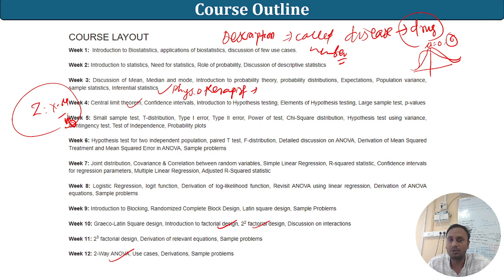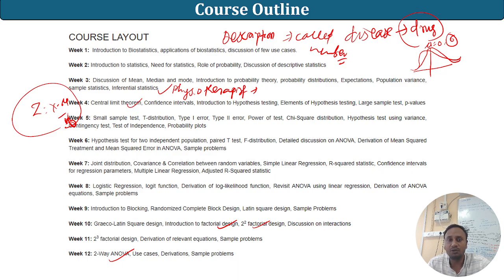Then we came across hypothesis testing. In hypothesis testing, we are going to make some hypothesis, or our objective. Let's say I have a fertilizer for any of the crops or the field. I will take one, two, three, four fertilizers. For soil type one, I kept this fertilizer; for soil type two, we kept this fertilizer.